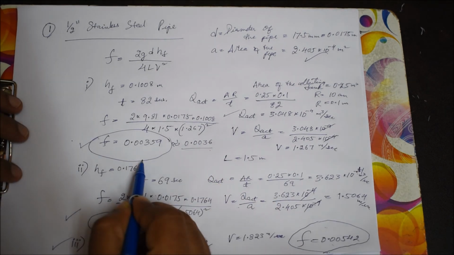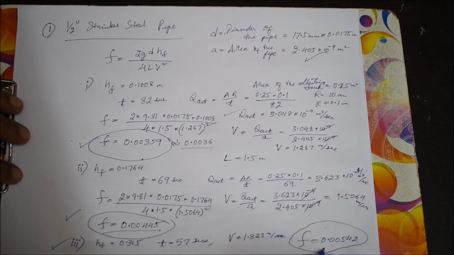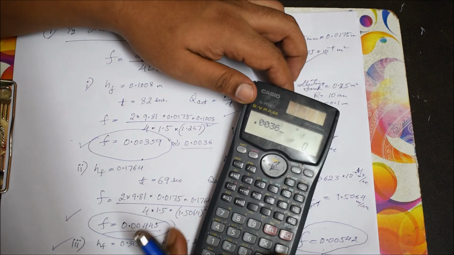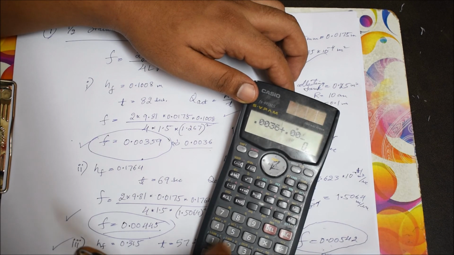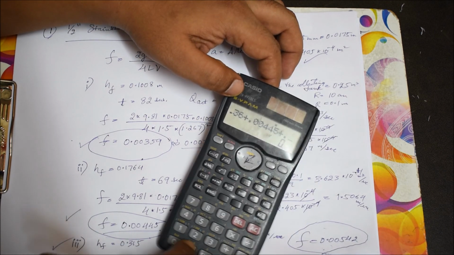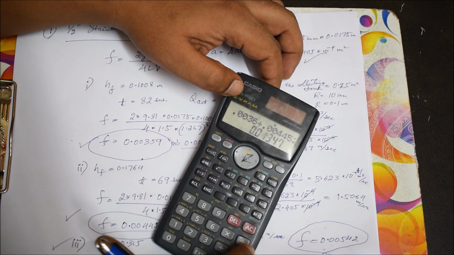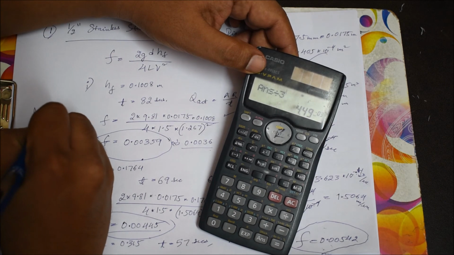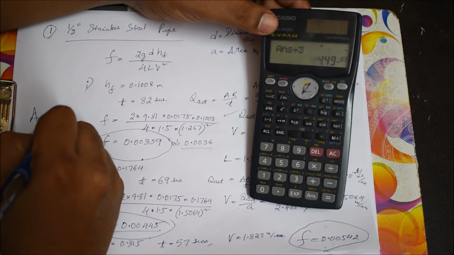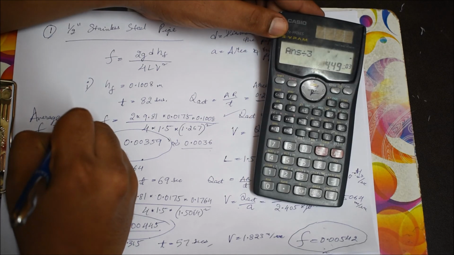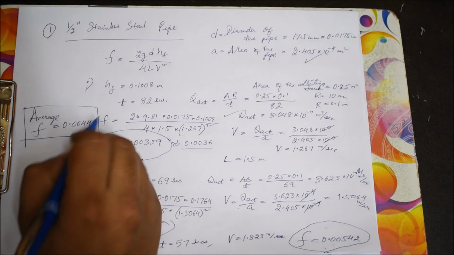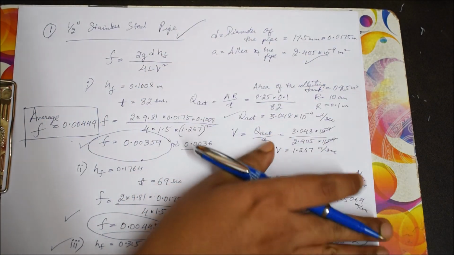So let us take average of friction factor that we have got for half inch stainless steel pipe first. 0.00036, 0.00445 plus 0.00542. So average friction factor is 0.00449 for half inch stainless steel pipe.